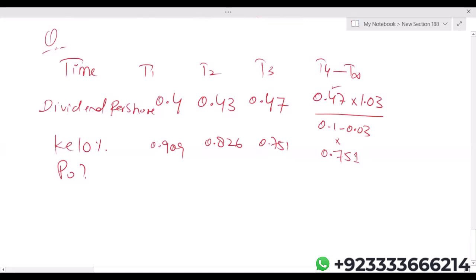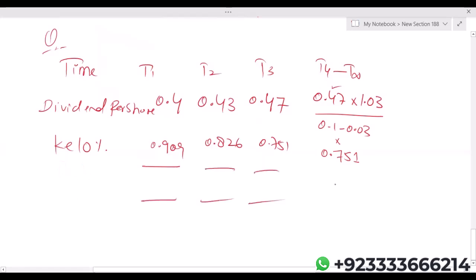If we are using the dividend valuation model formula from T1 till T infinity, there's no need to do anything additional. But whenever we are using this formula, for example, from T3 till T infinity, the discount rate of T2 will be used. If we are using this formula from T5 till T infinity, then the discount rate of T4 will be used to calculate the present values.